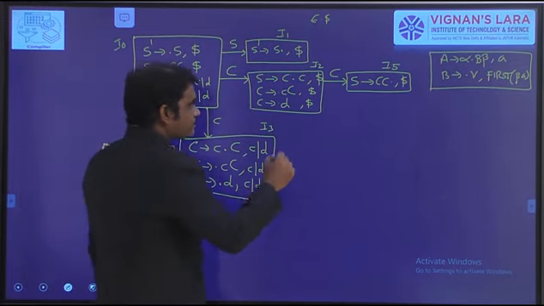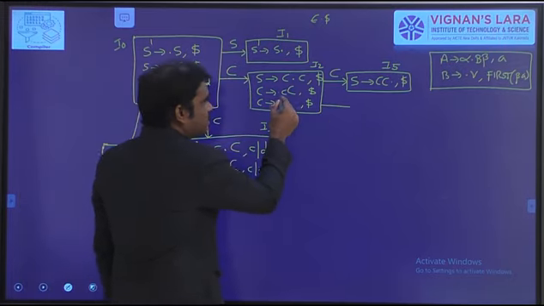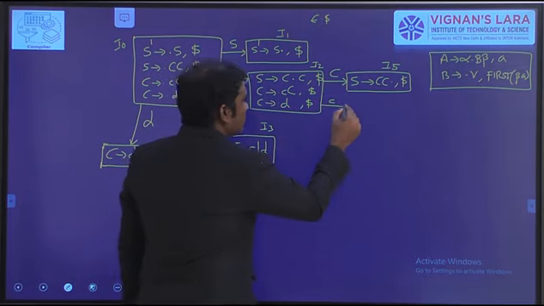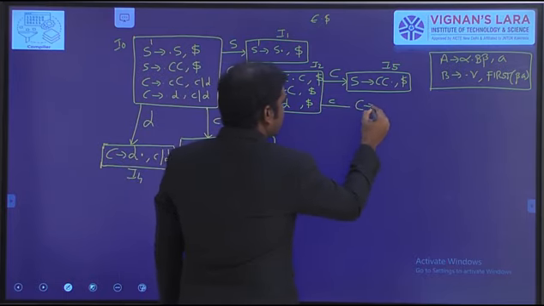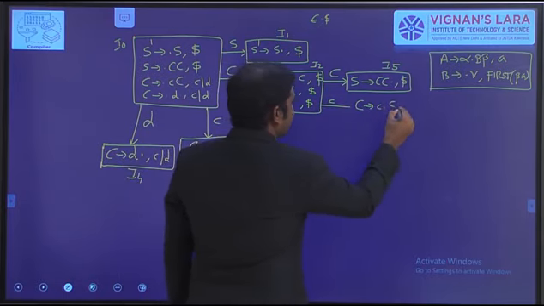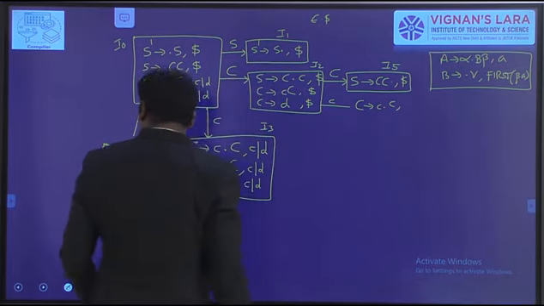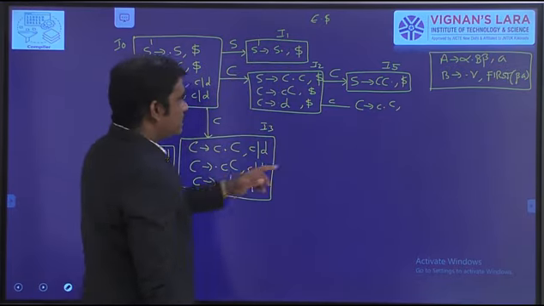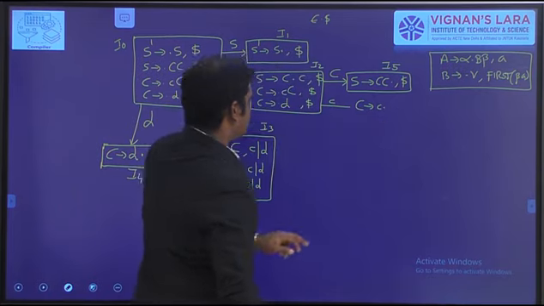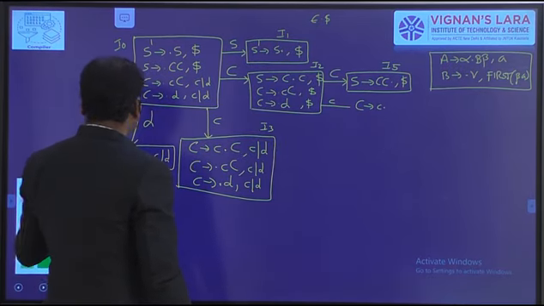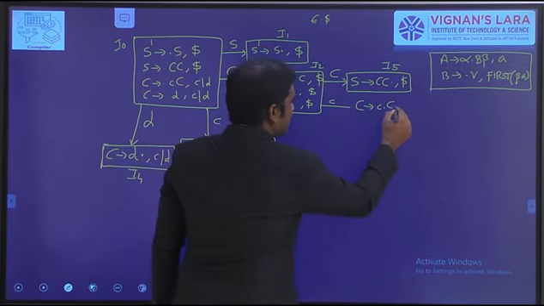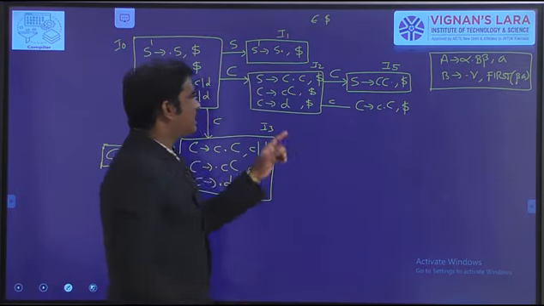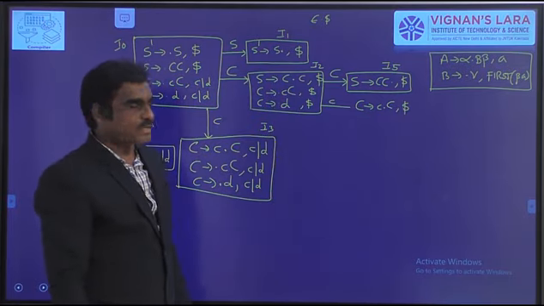Next input symbol is small c. The result is C to c dot C, comma dollar, because the dot is moving to the right hand side.